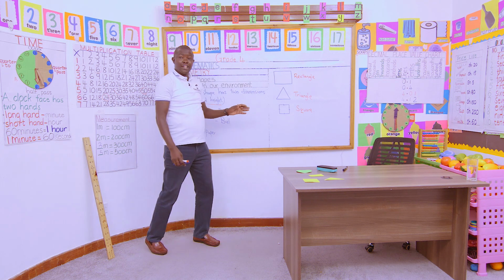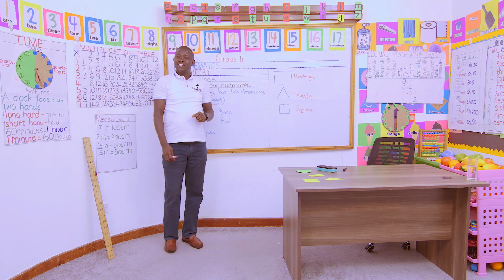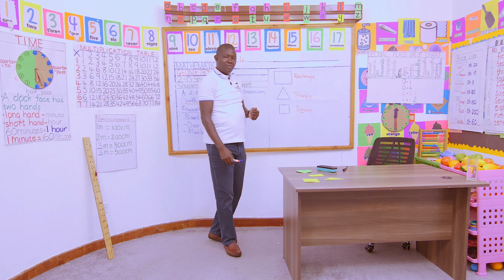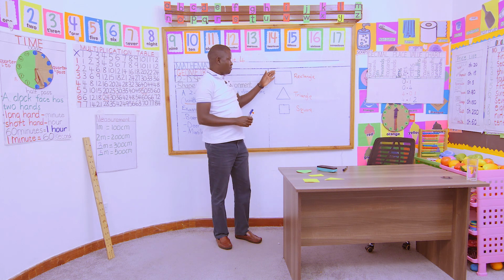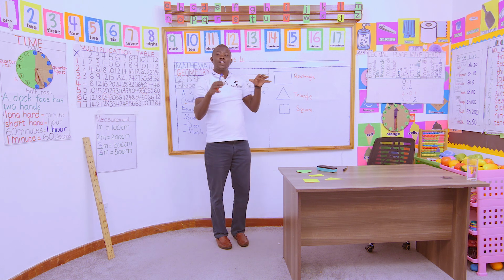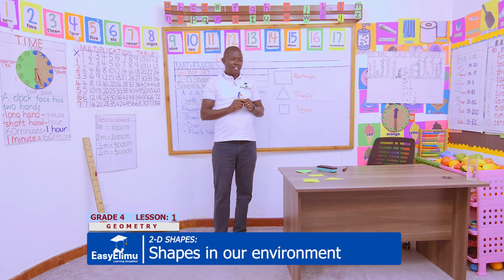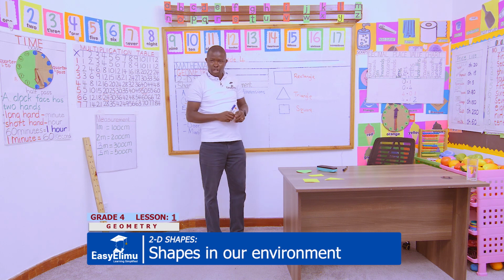Learners, after we identify this, I have a task for us to undertake. And this task is very simple. Trace other objects which bear these shapes, not in our class, but outside the class, within the school compound. Trace them, and make sure they have either a rectangle shape, a triangle shape, or a square shape.